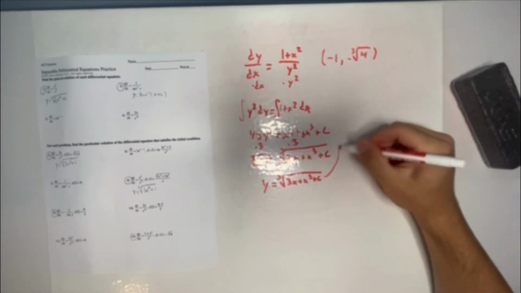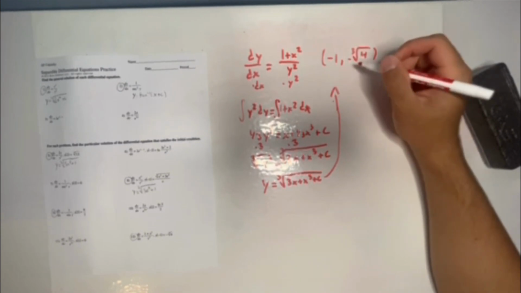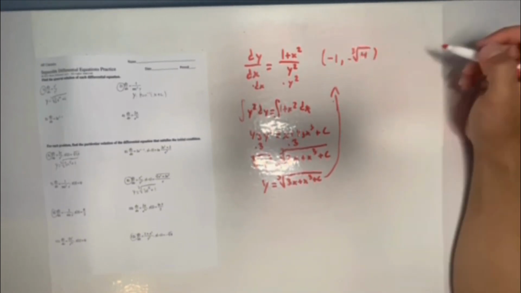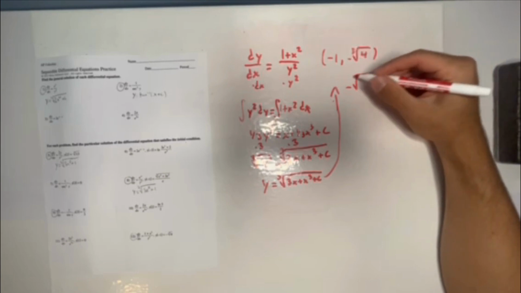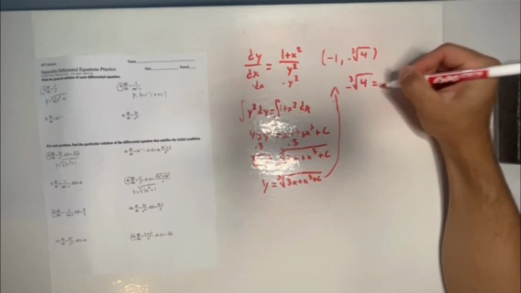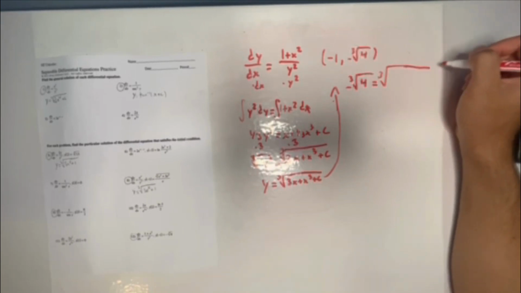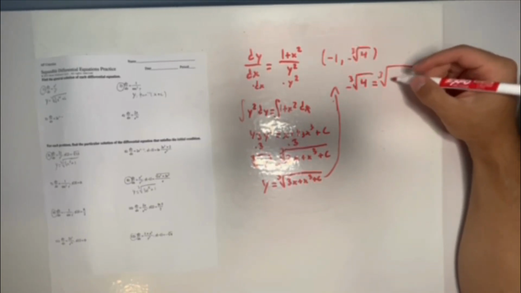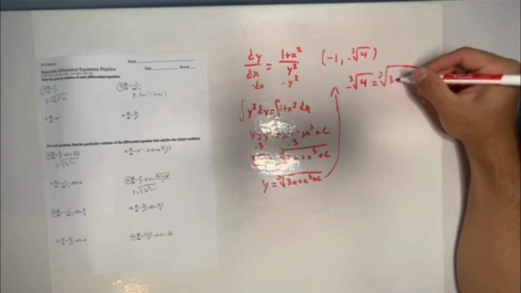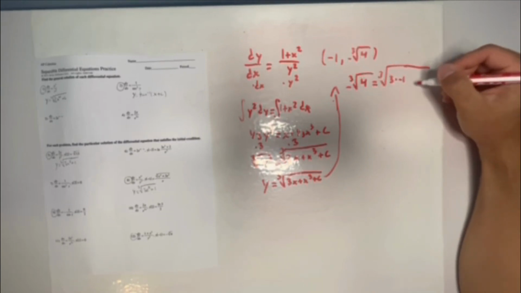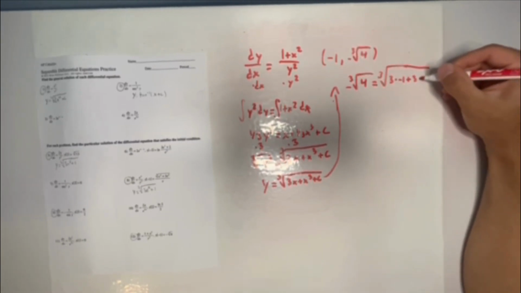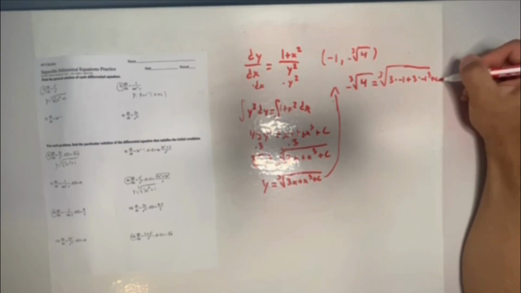Anyways, moving on. Bring this equation up here, and now we can plug in our y value and our x values. And we can get the cube root of 4 equals 3 times -1 plus (-1) cubed plus c.